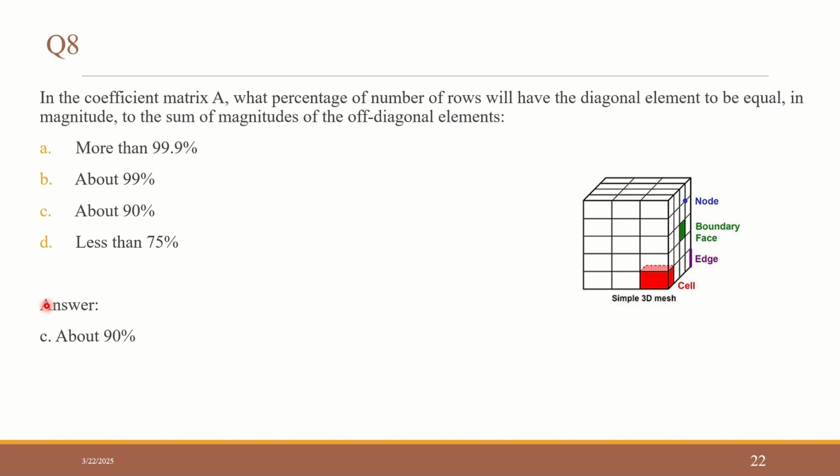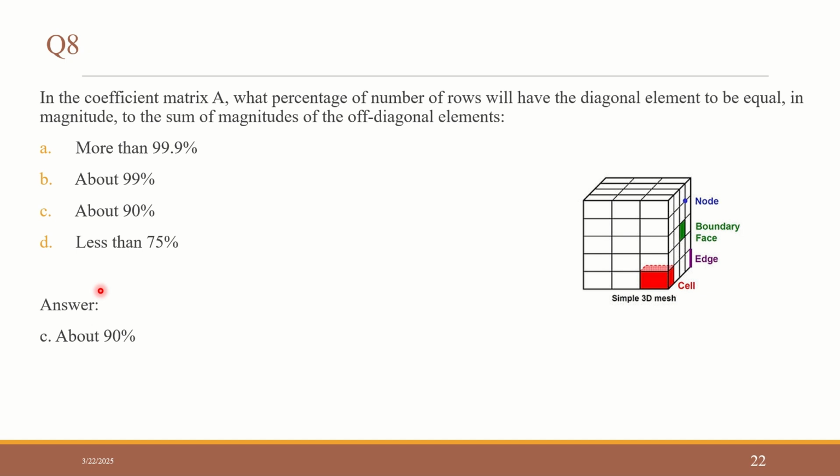How will we calculate? We will calculate it from the discretized equation of the Laplace equation. The Laplace equation is dou square f by dou x square plus dou square f by dou y square plus dou square f by dou z square equal to 0. If we discretize, remember the central scheme which we use.